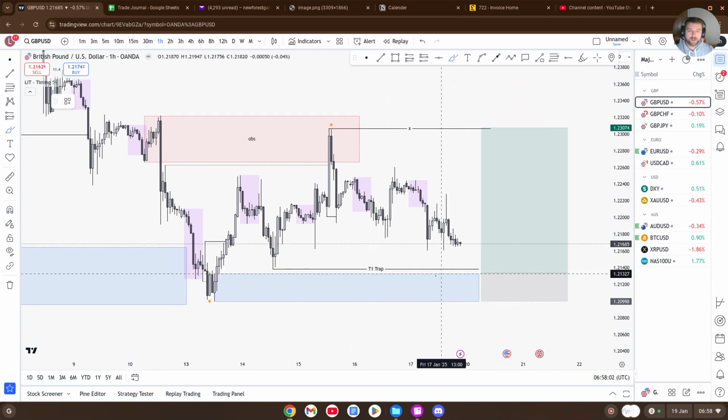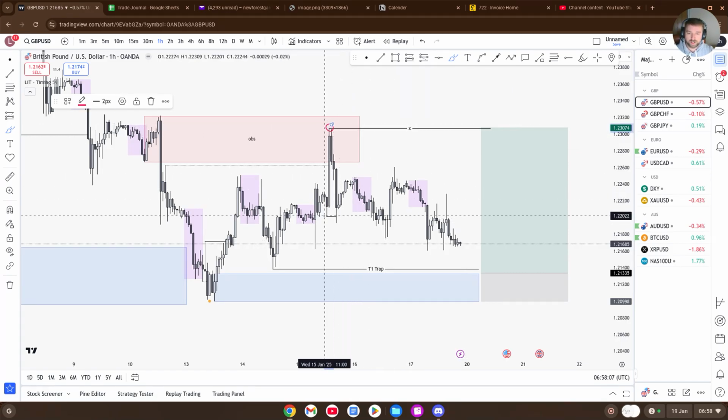Yeah, so, because what did price do here? We broke structure, right? Retraced, broke structure once again. So we ran liquidity here, broke structure. This was a range from this strong high to this weak low.